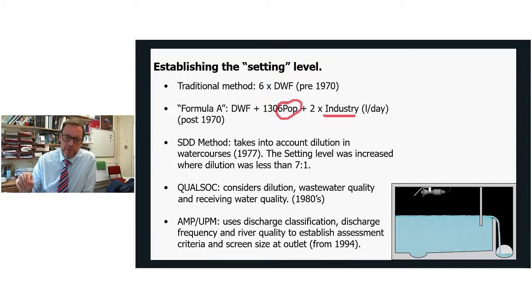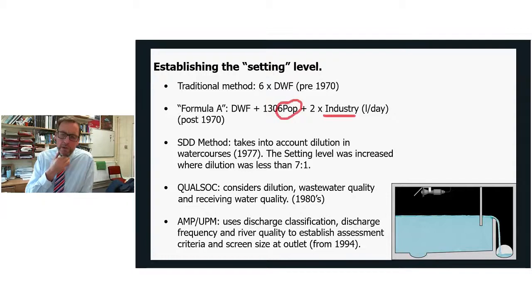Whereas if you had a CSO which was discharging into a watercourse which was huge, so big compared to the volume of CSO spill, it was difficult to quantify even the impact of that. That's completely different from a CSO which was discharging into quite a small stream. So this was recognised in the SDD method, and so a contingency was given that where the dilution was less than 7:1, the setting level would have to be increased.